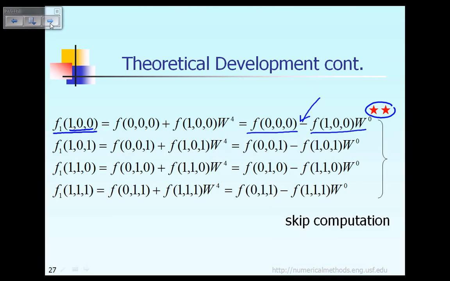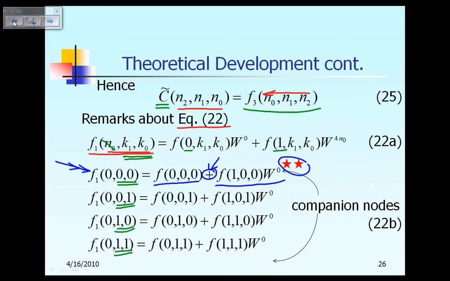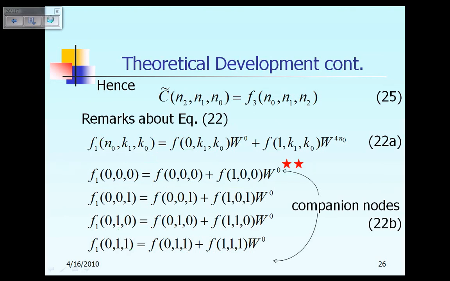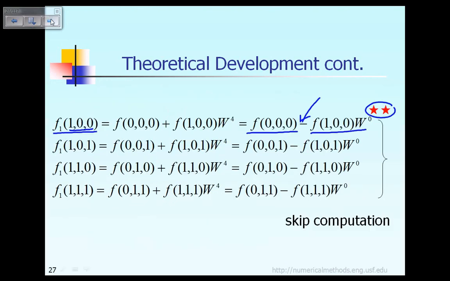So, in other words, the procedure works like this. You calculate F1 of 0, 0, 0, and the computation of this guy can be skipped. And the reason is because the computation of F1 of 1, 0, 0 is the same thing like before except the minus sign.